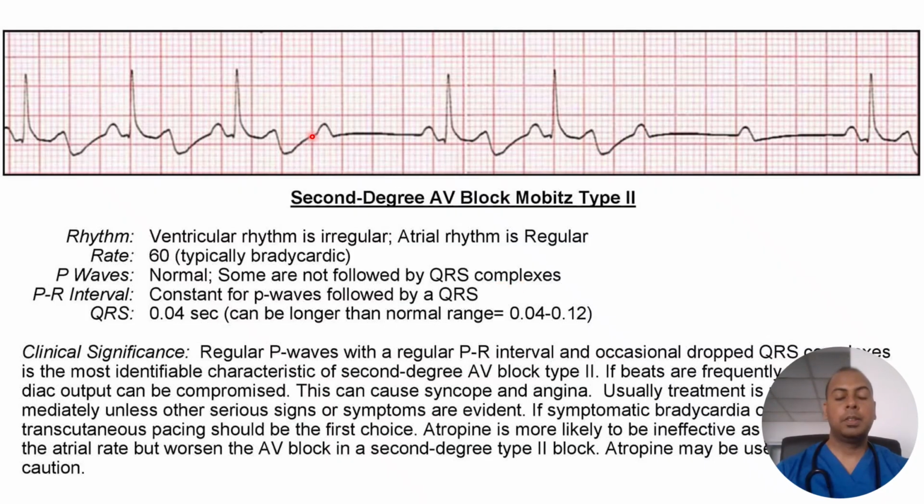For example, this is a P wave here, and you can see that there is no QRS complex. The PR interval is constant for each P wave followed by a QRS. You can see every PR interval is constant. So all of these findings are characteristic of a Mobitz type 2.